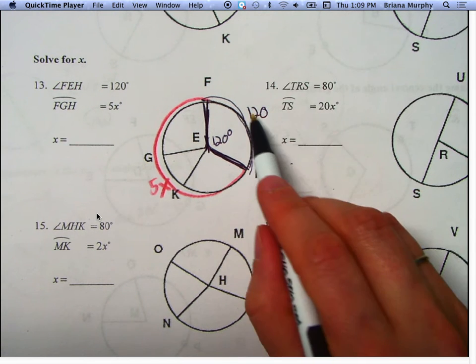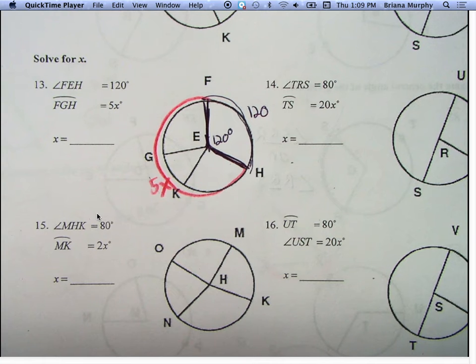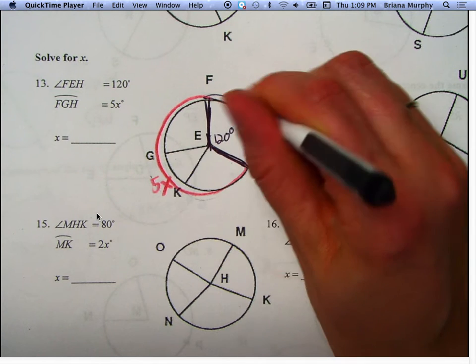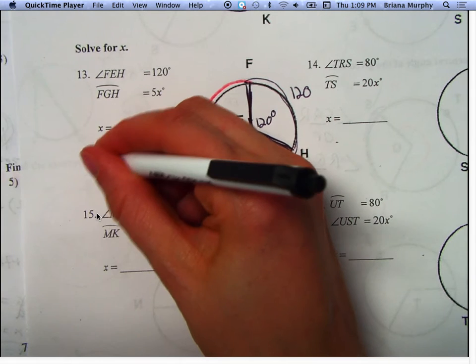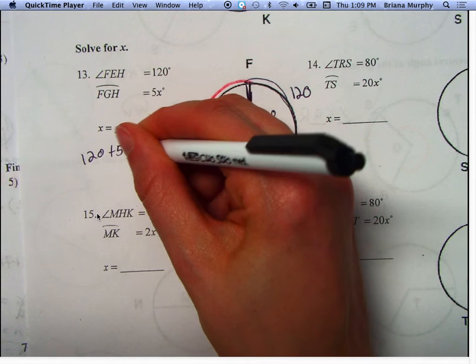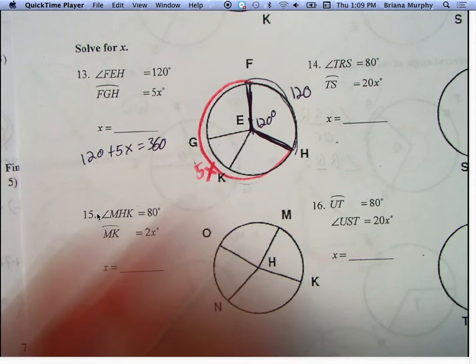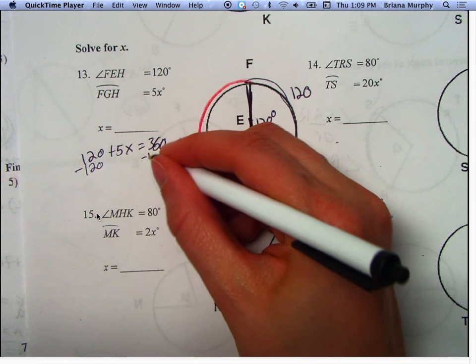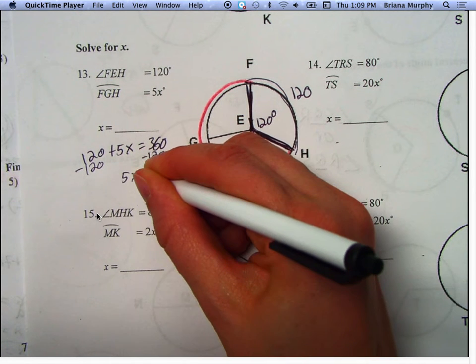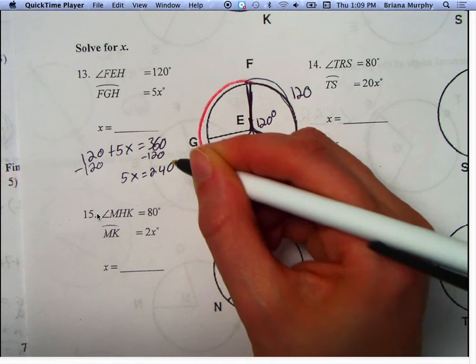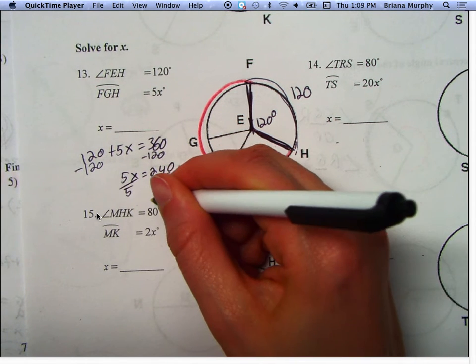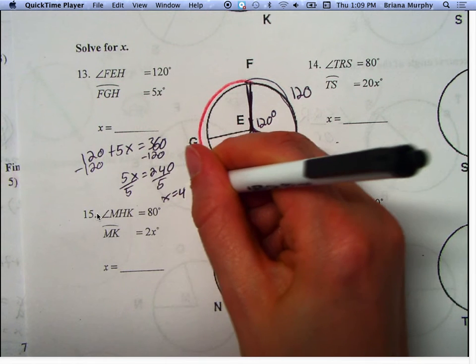So what do these two things, the pink and the black, add up to be? What are they going to equal? 360. So 120 plus 5x equals 360. Subtract 120. 5x equals 240. Then divide by 5. And what is x going to equal? 48.